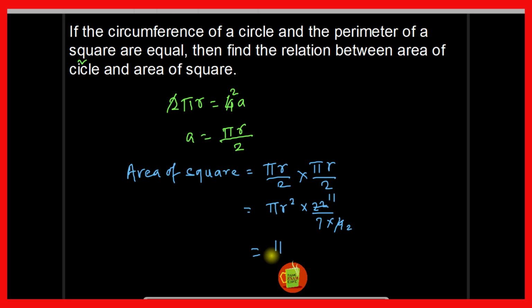So it will be 11 by 14, and pi r square is the area of the circle. So the area of the square is 11 by 14 times the area of the circle.